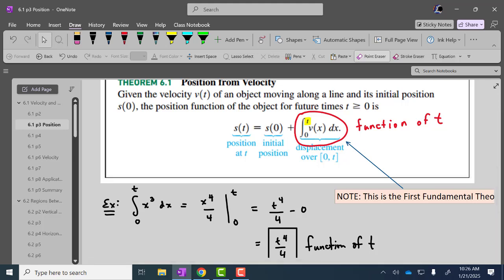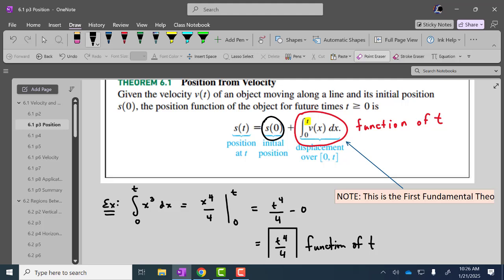Now, S of 0 is our initial position. If we are trying to forecast where this object is at time t, we first need to know where it is starting, what its position at time 0 is. Then we can figure out the change in the position over the interval.